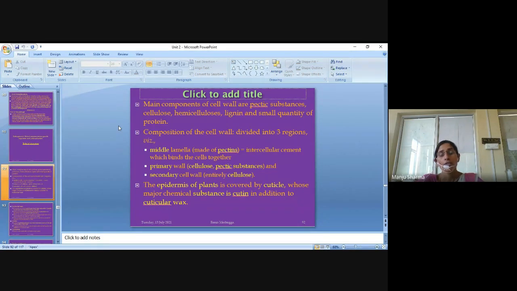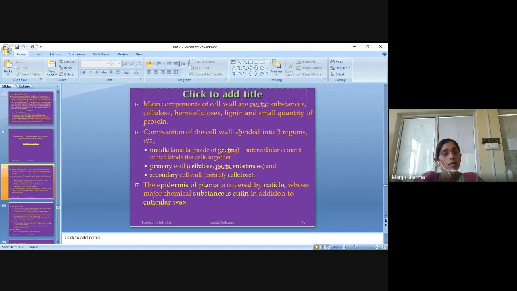Okay. So first is the middle lamella, which is made up of pectin. Pectin is a component of the cell wall. The middle lamella, made up of pectins, is the intercellular cement which binds the cells together.